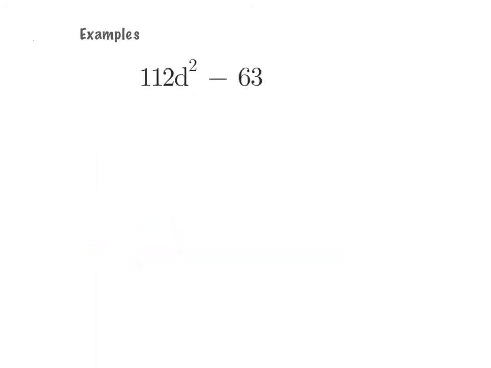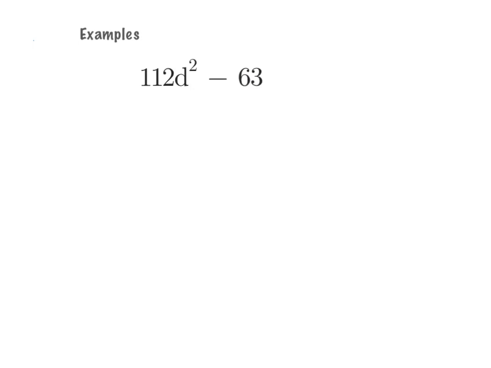Okay, our final example today is 112d squared minus 63. So this right away, hopefully you notice, does not have a middle term. However, the 112 and the 63 are not perfect squares, but we should always start by asking ourselves when we are factoring, does this have a GCF?